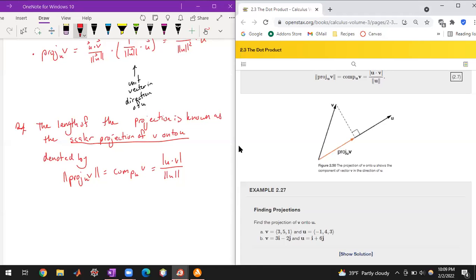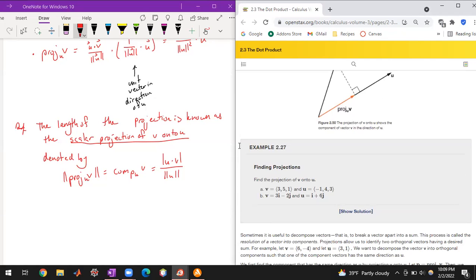These are just little things you want to keep in mind in terms of trying to memorize these definitions. Let's go ahead and move on to an example.